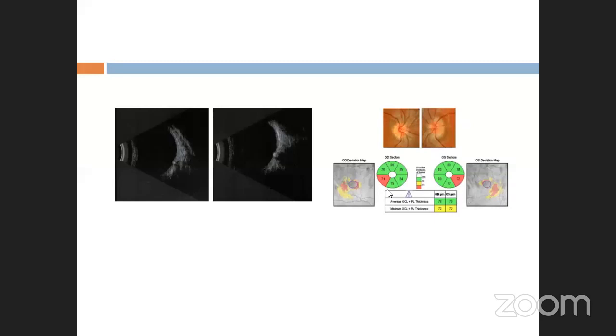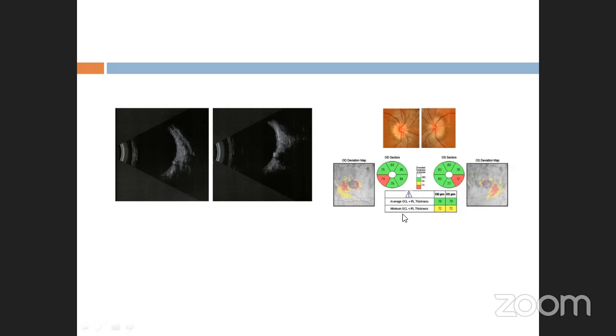OCT nerve fiber layer thickness, very thin. As written in most of the texts and the literature, there is thinning of the nerve fiber layer. But in our series of patients, me and Dr. Sunil, my colleague in Bahrain Hospital, most of our patients with drusen show normal thickness.